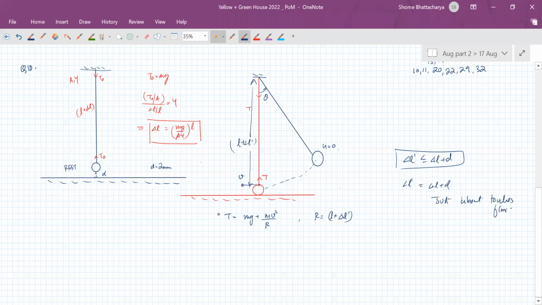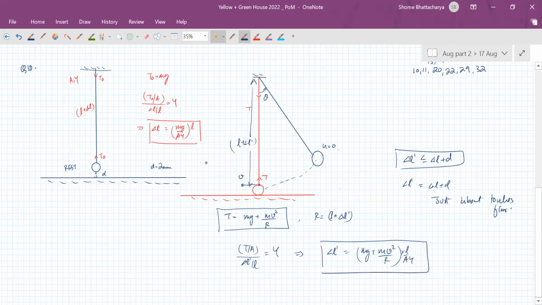Okay. So we have this equation, and we have this equation. Now T upon A divided by delta L prime by L is equal to Young's modulus. So the new value of the extension is going to become mg plus mv square by R into L upon AY.